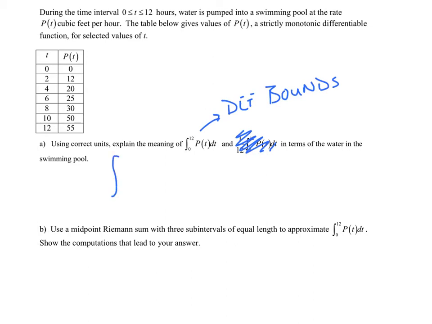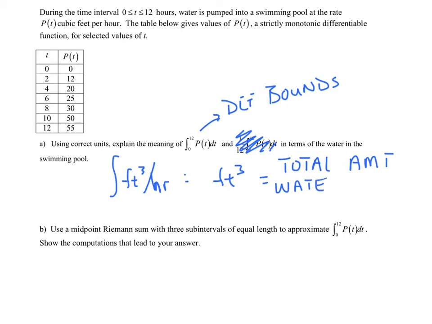If I integrated a function, P of T, that was measured in cubic feet per hour, I would get a new function that was just cubic feet. So this definite integral is measuring the total amount of water pumped into the swimming pool between t equals 0 and t equals 12 hours.